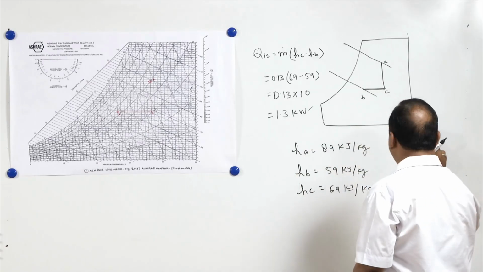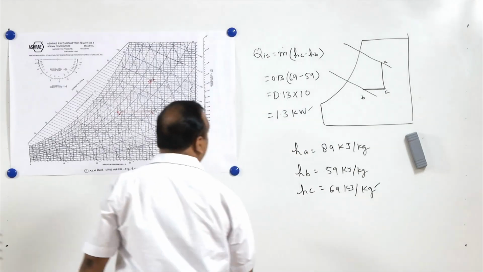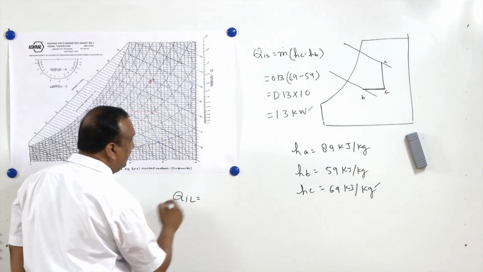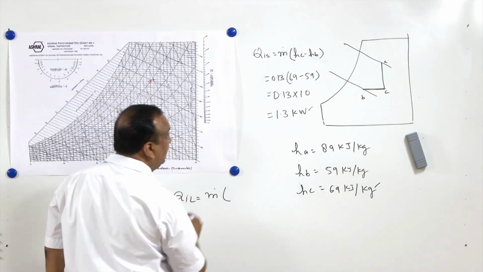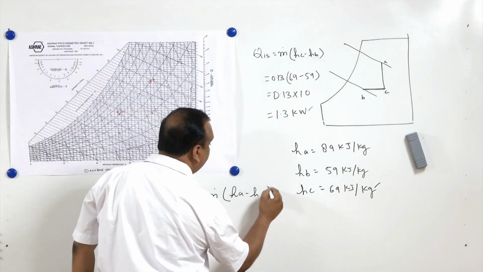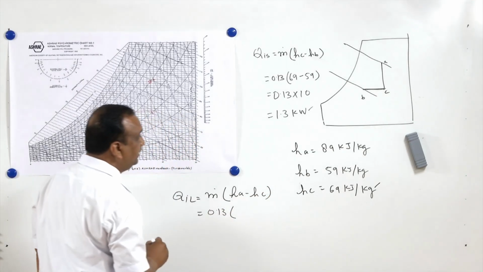Now regarding latent heat also we can do the calculations. QIL, latent heat, is mass flow rate multiplied by HA minus HC. Mass flow rate is again 0.13 kg per second.